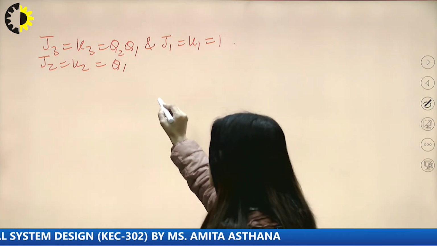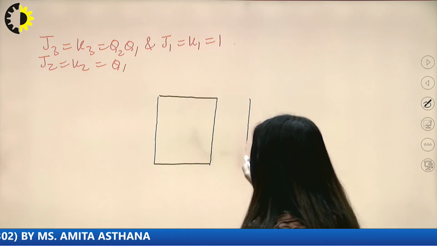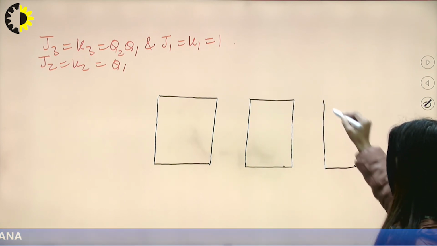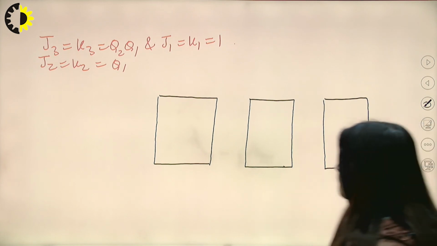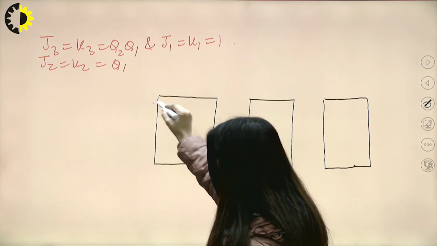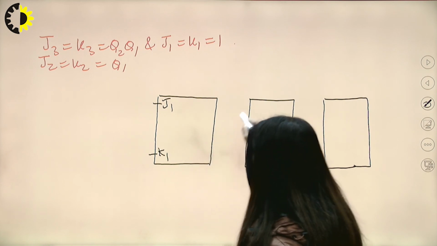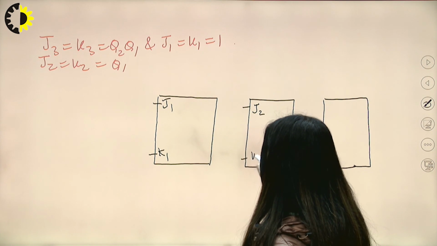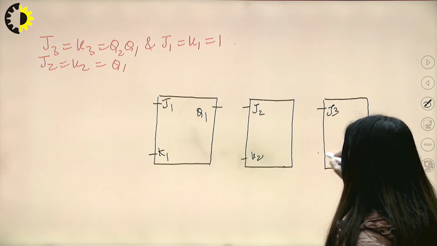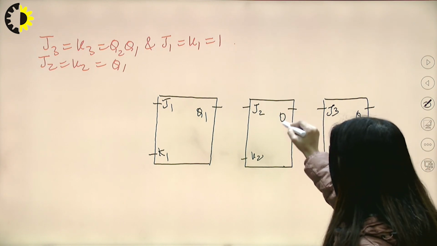So let us make 3 JK flip-flops. This is J1, K1, J2, K2, Q1, J3, K3, Q3, Q2.